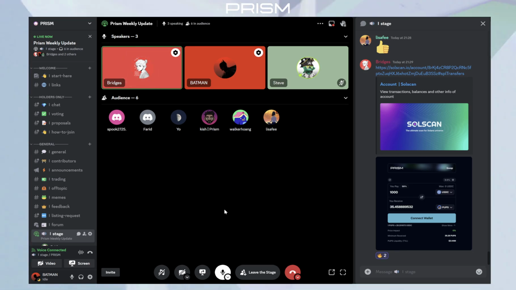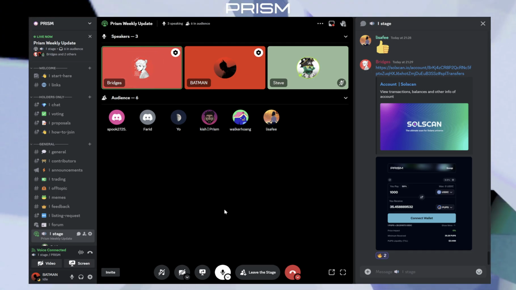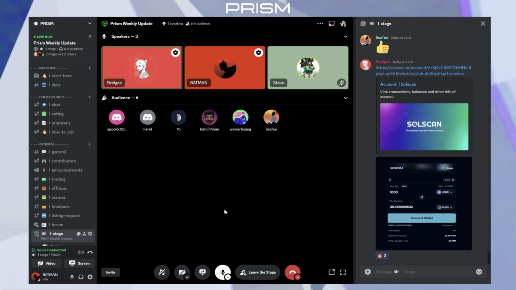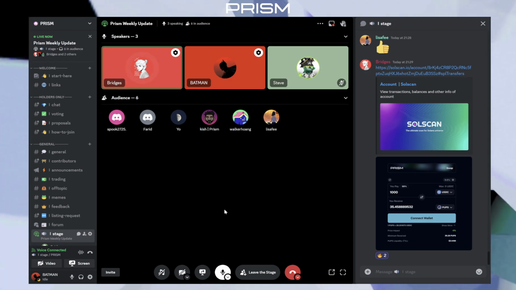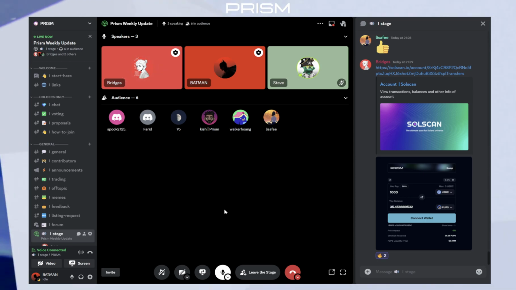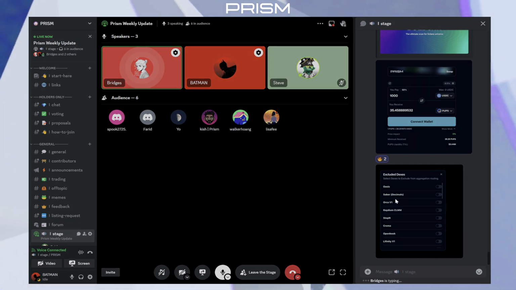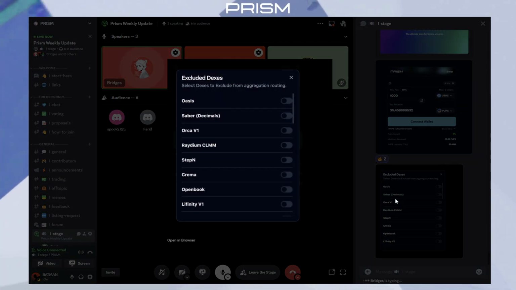Apart from that, there are some features that you can't do on Jupiter. So for example, if you click on the settings where you adjust the slippage, you can also exclude specific liquidity providers from the aggregation.